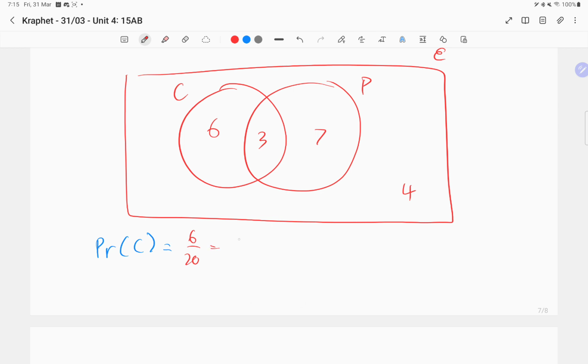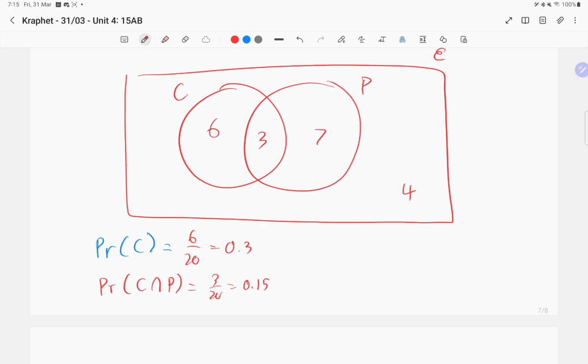If you add them, it's 20. That would be 0.45. Make sense? And then the probability of someone doing chemistry and physics at the same time would be 3 out of 20, which is 0.15. So far makes sense, right?